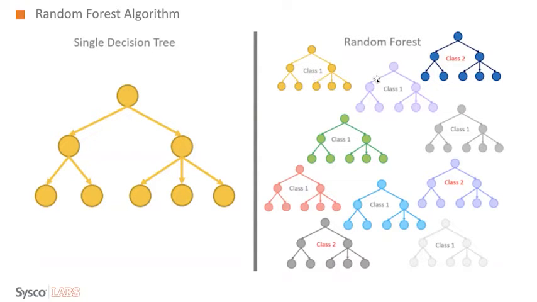Let's say this is class 1, and there are class 2 outputs as well. You can see the most popular output is class 1. So eventually class 1 would become the optimum output of this algorithm. That's how it works. If you need more details, you can simply Google it up. These are the fundamentals of the random forest algorithm.